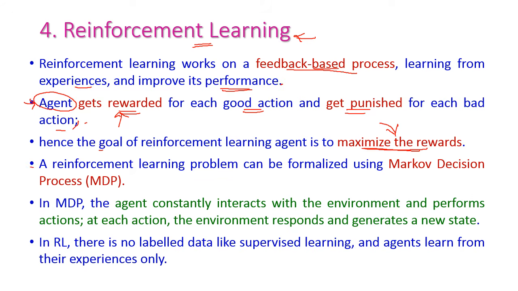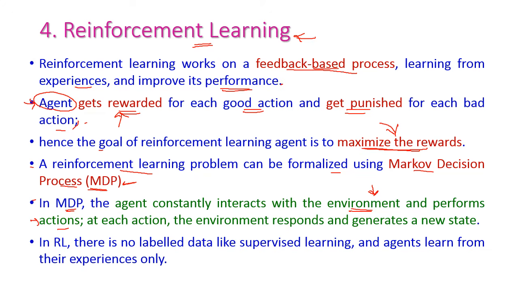And this learning problem can be formalized by using the Markov decision process, that is MDP. Here, in the MDP, the agent constantly interacts with the environment, keeps on monitoring the environment, and performs its action based on the current state.